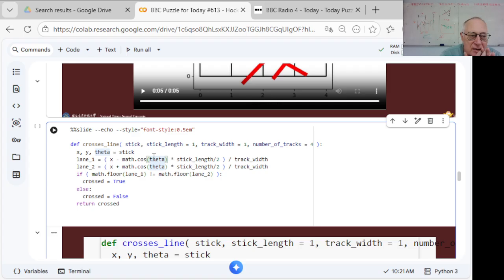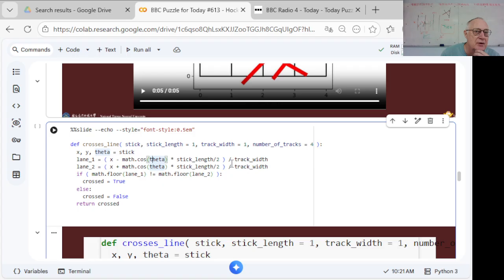So now I have to figure out how many of those cross the line, right? And here I actually use the complete length of it. So if it crosses the line, that means it would have to go through onto a separate track, right?